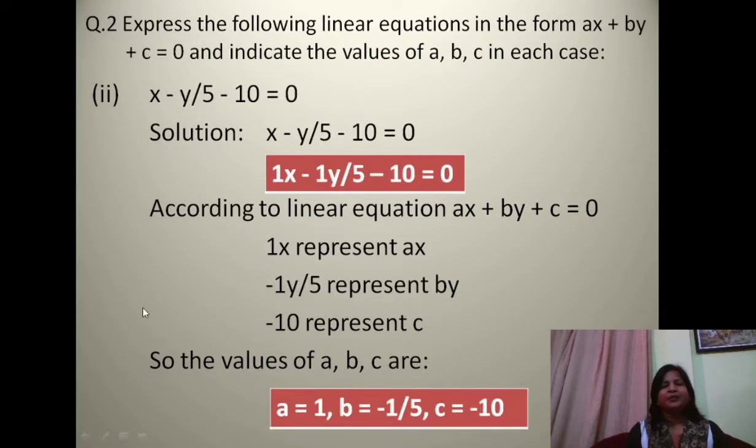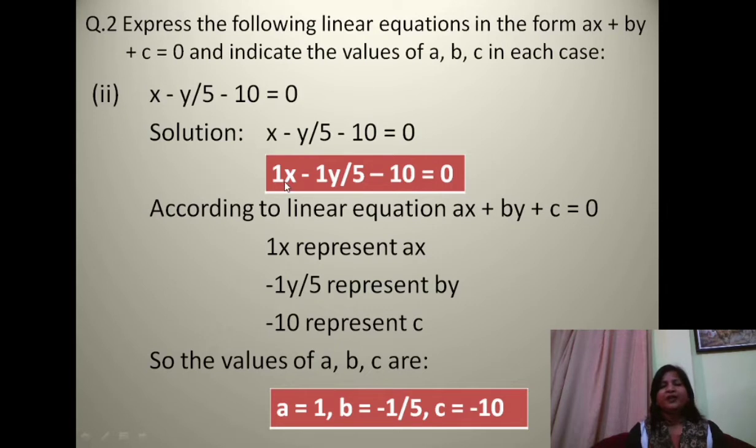Now the second part is x minus y upon 5 minus 10 is equal to 0. Now we will start the solution. x minus y upon 5 minus 10 is equal to 0. Here we will multiply by 1 in x, and same we will multiply by 1 in y upon 5, minus 10 is equal to 0.